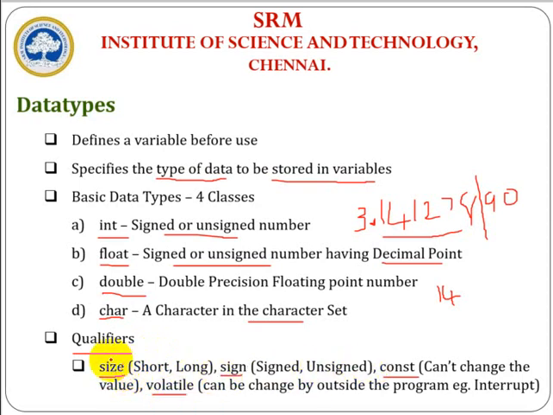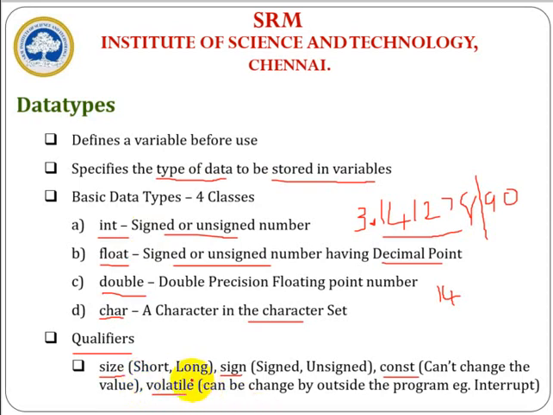If you consider the size qualifier, if I give short before int, which means that in general, if an integer data type holds 2 bytes, it will try to restrict to only 8 bits, so that only 1 byte of information can be handled.